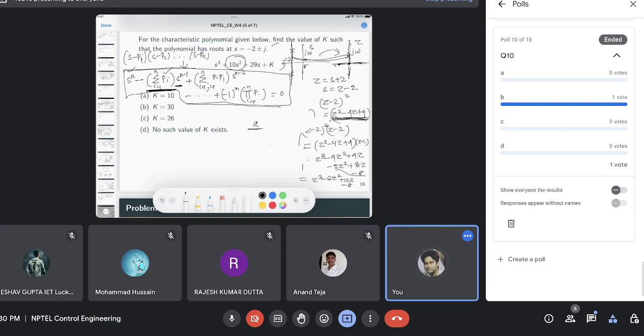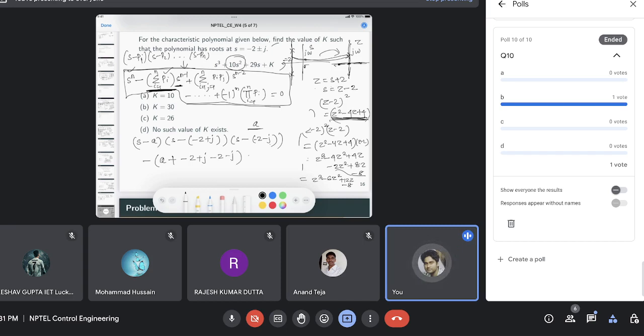Then you have this form, s minus (-2 plus j), and so on. You can write it like this also, three poles in the product form. The first term will be the negative of the pole summation, so minus of a plus (-2 plus j) plus (-2 minus j).